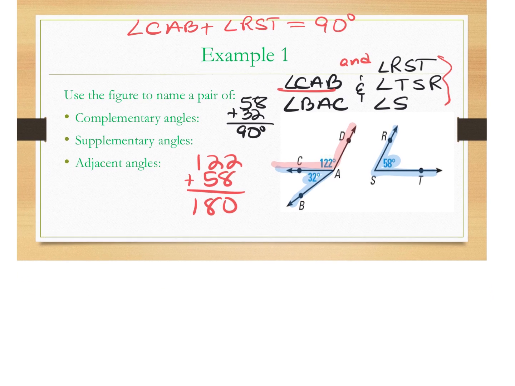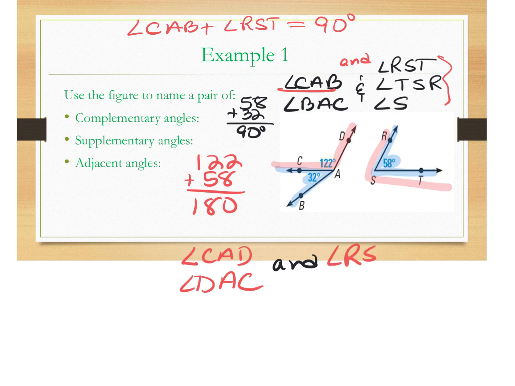So again, when I'm naming the one with the vertex of A, I need to use 3 letters. So I'm going to go ahead and call this CAD, or in reverse, DAC, and then together with this one as well, the RST. And again, put the angle symbol in front or in reverse, and then angle S. So any combination, you don't need to list everything. So I could have just said that.